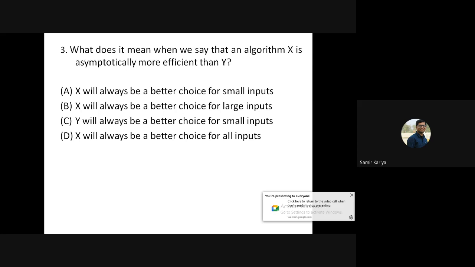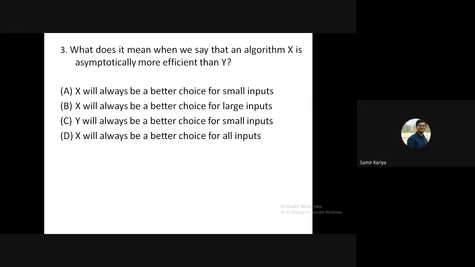What is the meaning or definition of these asymptotic notations? That's one theoretical question. What does it mean when we say that an algorithm X is asymptotically more efficient than Y?